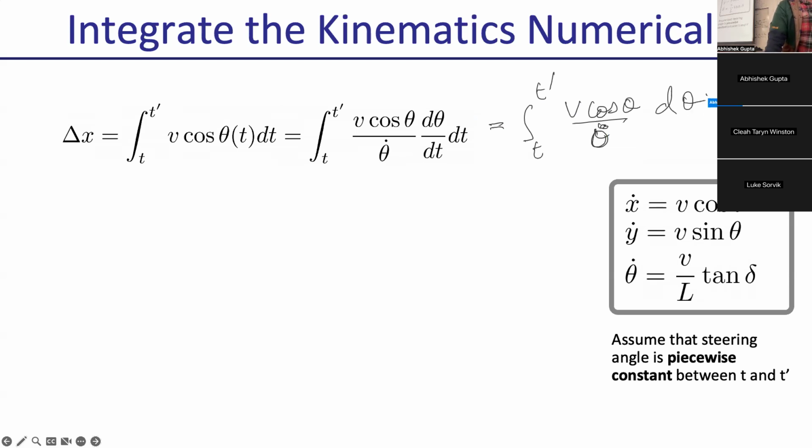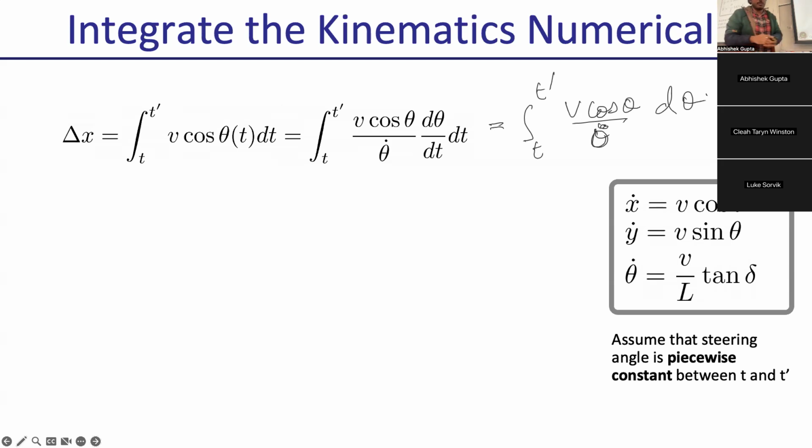The assumption we're going to make, which holds reasonably well in practice, is that your steering angle is constant between t and t prime, which means the rate of change of heading is constant between t and t prime.